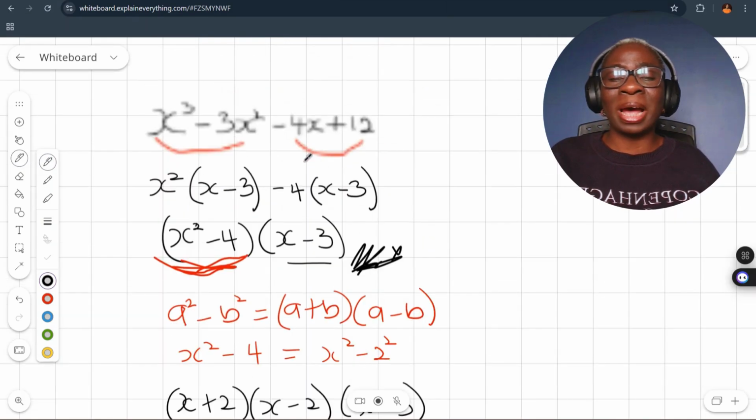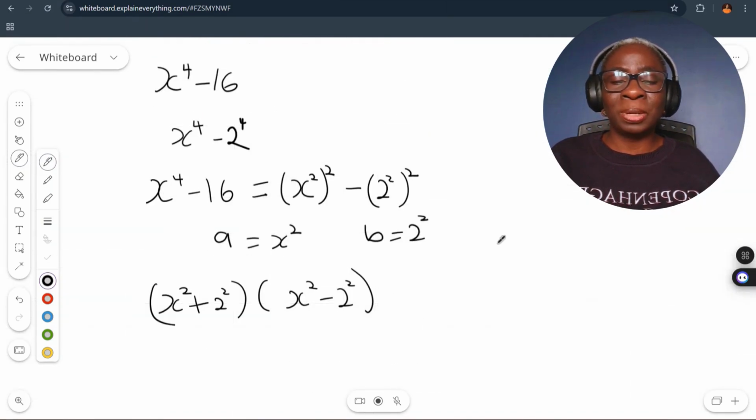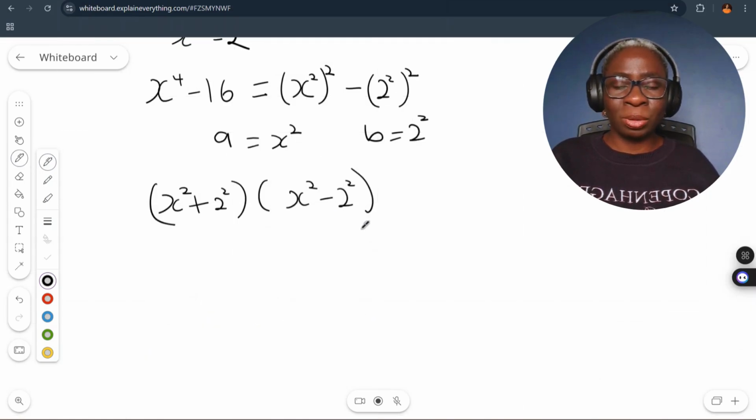The first thing is to identify the a and b. So we'll first break it down into squares. All we need outside here is a square first. That is why we decided to put x squared first and not use x raised to power 4 directly, because it will be confusing. So a is x squared and b is 2 squared. That means a plus b, bracket a minus b, and that's why we have x squared plus 2 squared, bracket x squared minus 2 squared.